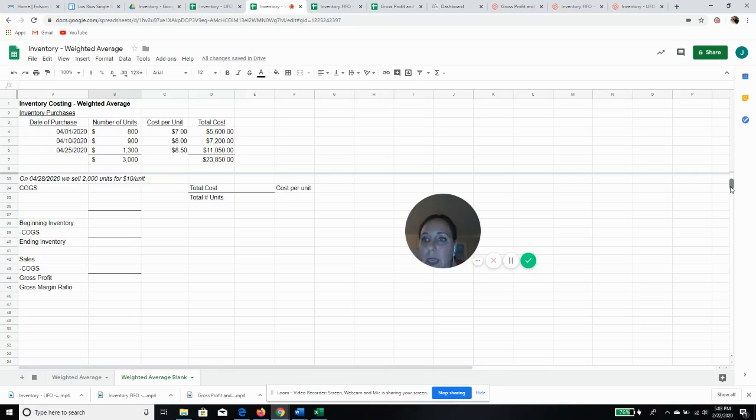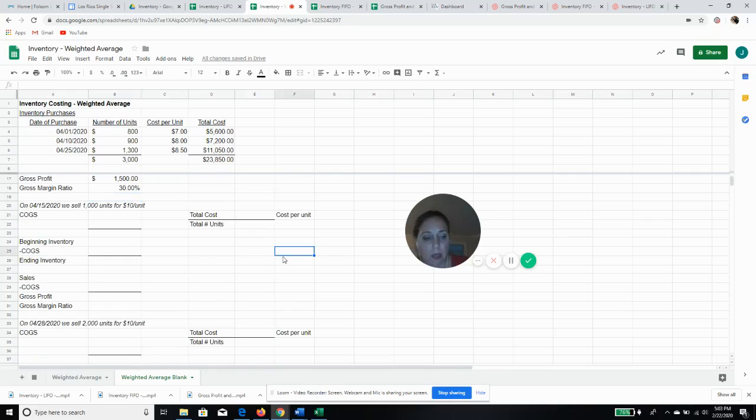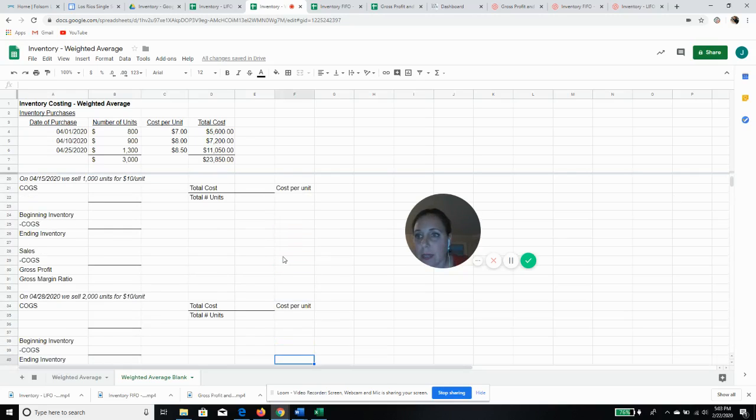Let's now look at the second example. Okay, and again, these are all standalone examples, so we're assuming the transaction on April 5th never happened and that this is our first transaction of the month. All right, so to do weighted average now, we have to find the total cost as of April 15th.